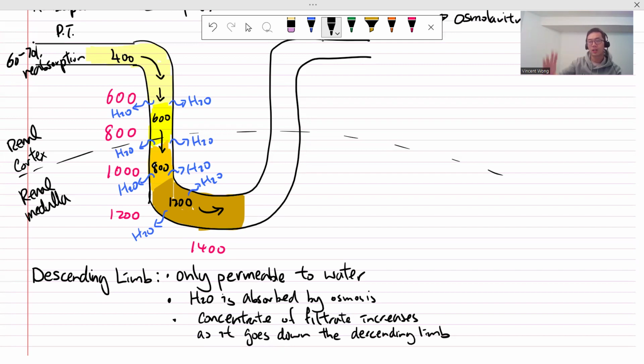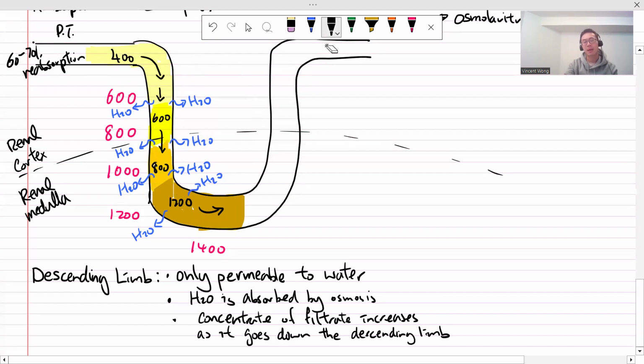Now, assuming you understand all that, back to my question: for an organism that lives in a hotter environment or in the ocean where they try to conserve fresh water in the body, they need to have a longer one. The answer is longer. If you see the quiz question, choose longer. Okay, longer loop of Henle. Why? Because the longer the loop of Henle, the more water you can take back from the filtrate.